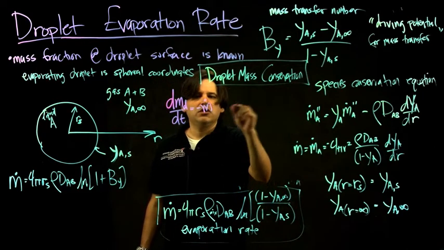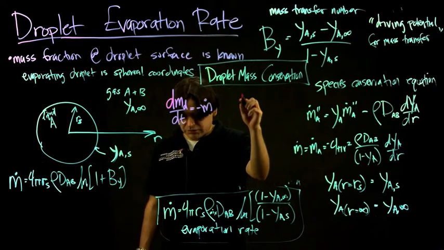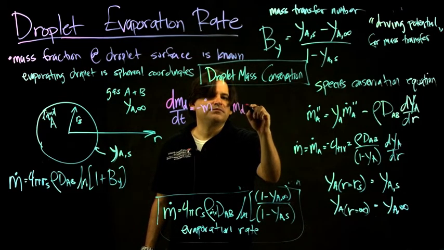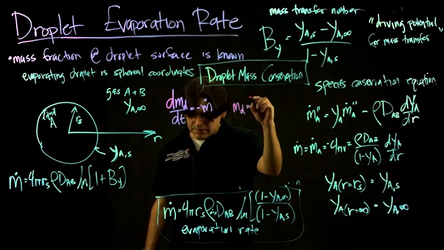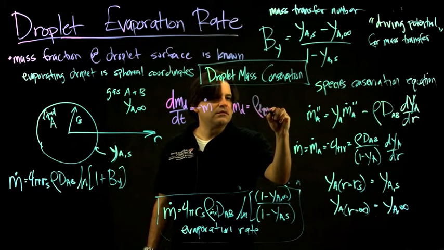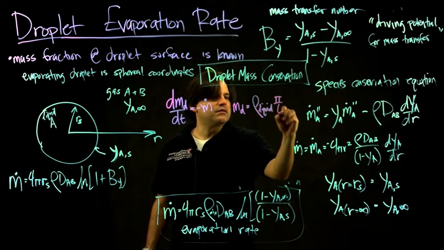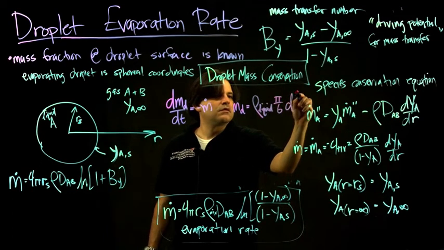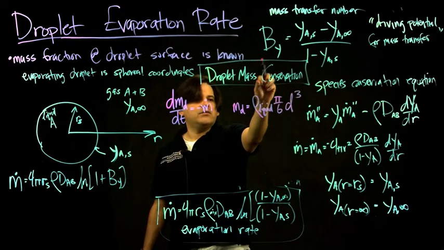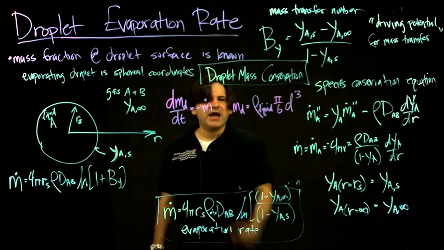But you can also describe this depletion in mass using just the definition of mass and density. The mass of the droplet equals the density of the liquid droplet times the volume of the droplet. So that's the diameter, which gives you the volume of the droplet. Multiply that by the density, you can get the mass that way.